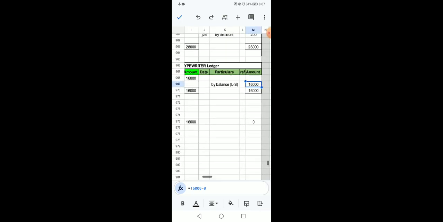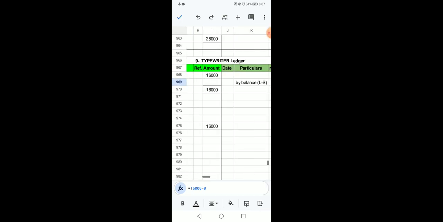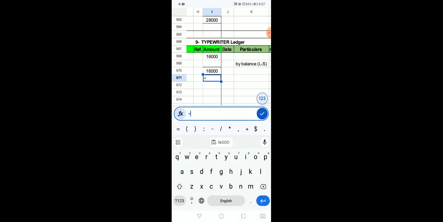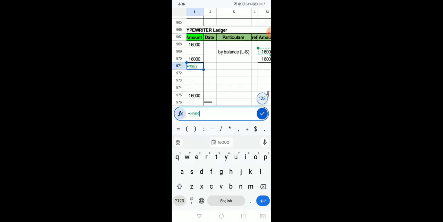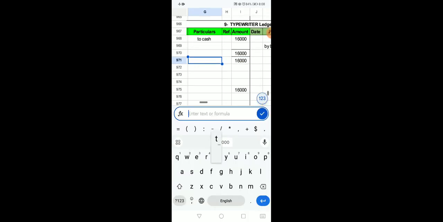It was the initial balance. Now the next step is to bring this balance to the opposite side, downwards. So we have calculated this balance on the credit side, and we will go to the debit side, the opposite side, downwards. Write down 16,000 as the balance with the particular name, that is, To Balance. Since we are bringing it down, we mark it as balance brought down.